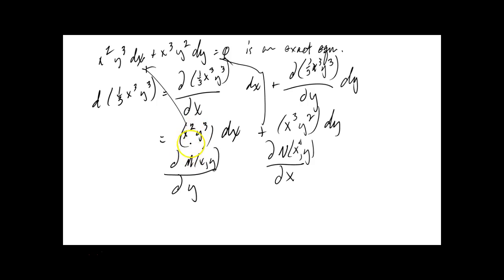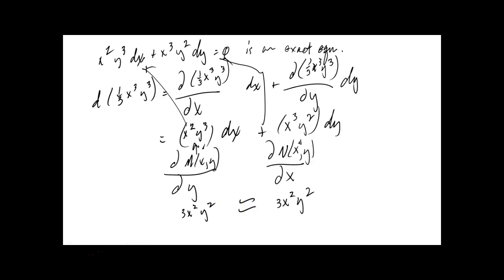What is the partial of this thing right here with respect to y? 3x squared y squared. Perfect. What is the partial of this n with respect to x? 3x squared y squared. And those are exactly equal to each other.